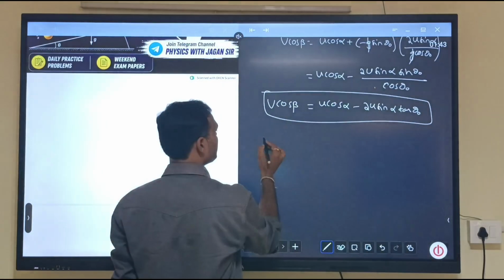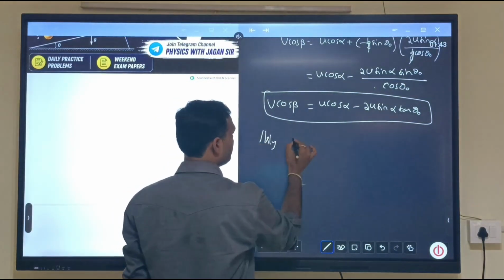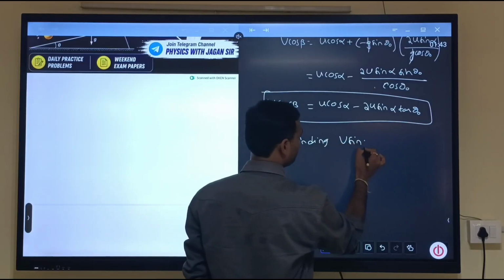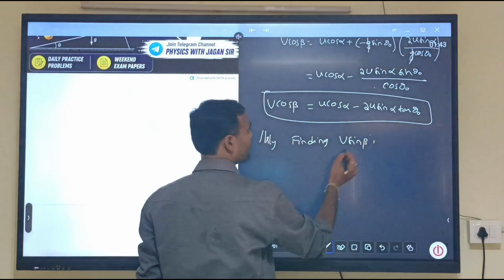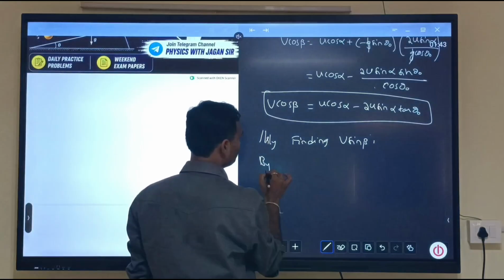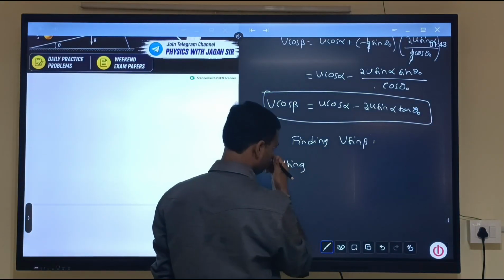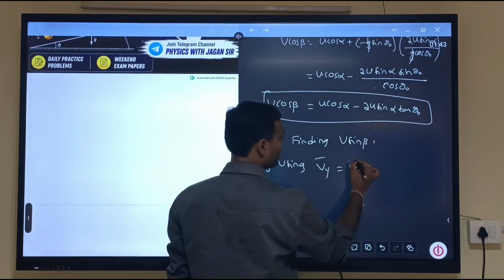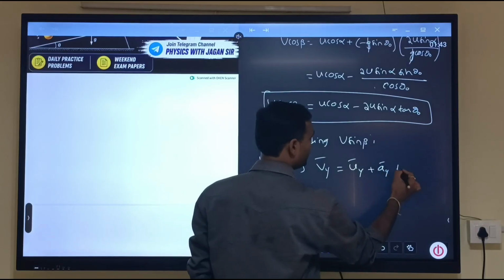Right? Now, similarly, finding v sin theta by using v on the capital Y axis is equal to the integral of acceleration on the capital Y axis with respect to t.